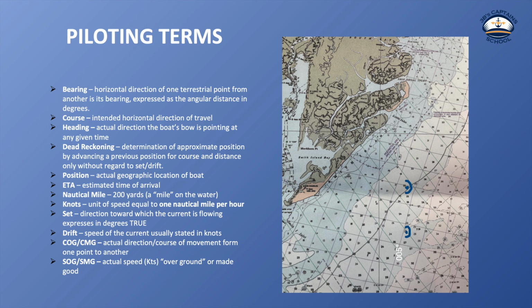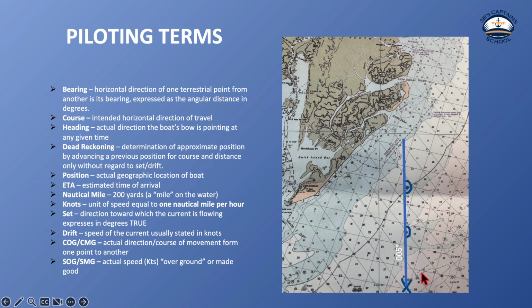So what does that look like? If you look at the chart over here, if I was starting in this position X that I just clicked on there, and drew a track line of the direction I wanted to go, let's say this is 005 degrees true. I would know as I'm on my course that I'm on this line somewhere.